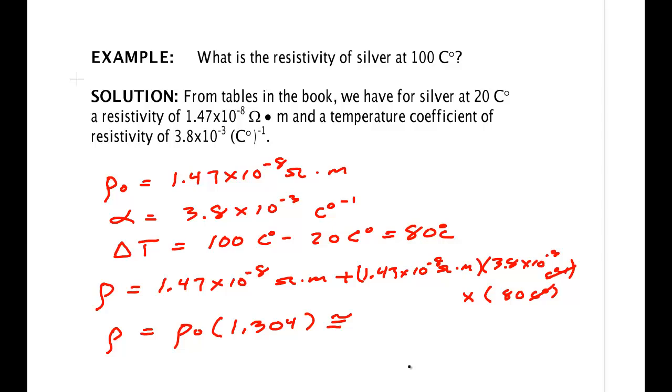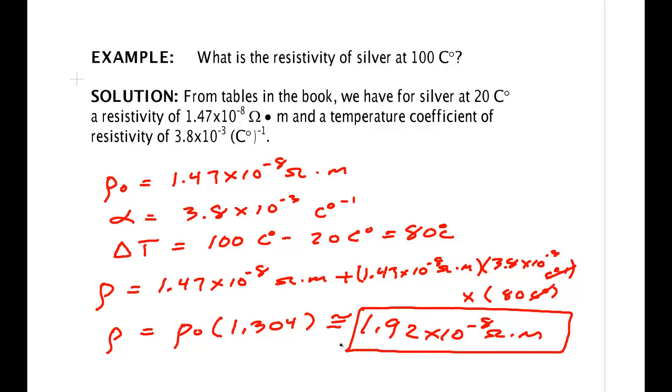And then we multiply it by 1.47 E to the minus 8, and we get a resistivity of 1.92 by 10 to the minus 8 ohm meters. So it has gone up, and you're able to find the value at that particular temperature.